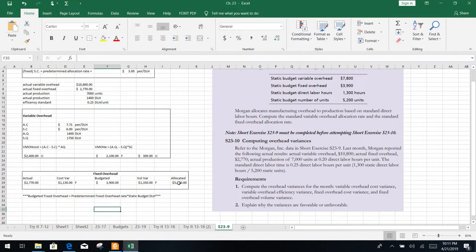And we also had to calculate the allocated, and that is the same $3, but instead of multiplying it times what we budgeted in the beginning, we have to multiply it times what we actually did, the standard quantity, and so it was 1,750, and that came out to be 5,250.